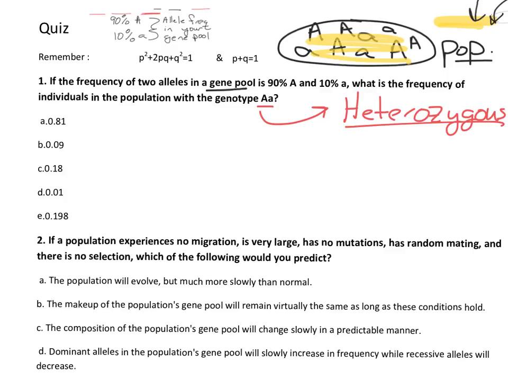And then multiply that times 2, it gets you 0.18. Why did you do that? Because yesterday 2PQ was for heterozygous.